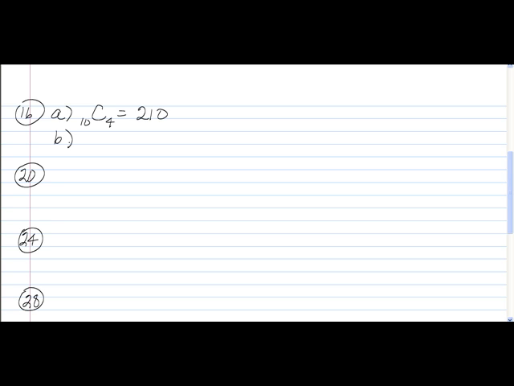And part B, how many of these groups of 4 would include neither of the 2 productions mentioned? So if we're excluding them, we'd only have 8 to choose from. So we need 8 combinations taken 4. So that's 70.